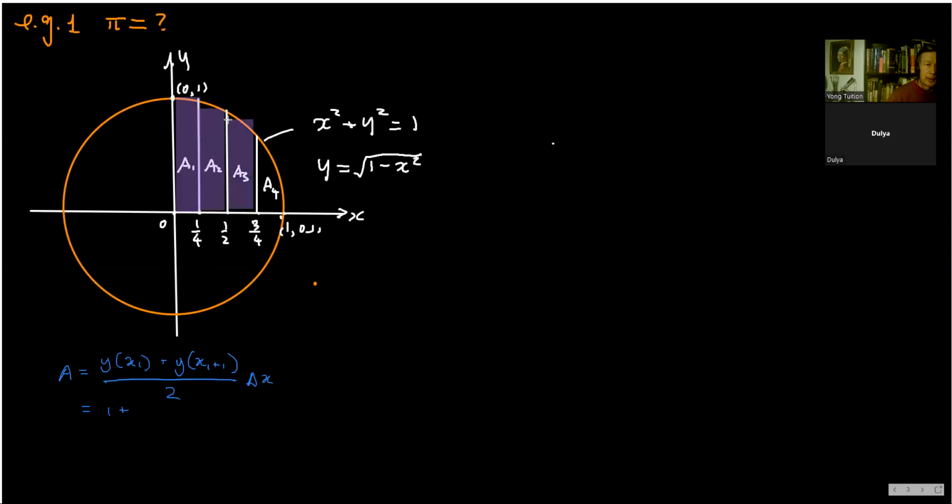We got the 4 slices. So these 4 slices represent the area A. First we have to remind you A is equal to pi divided by 4, right? Because the total area is pi r squared, right?